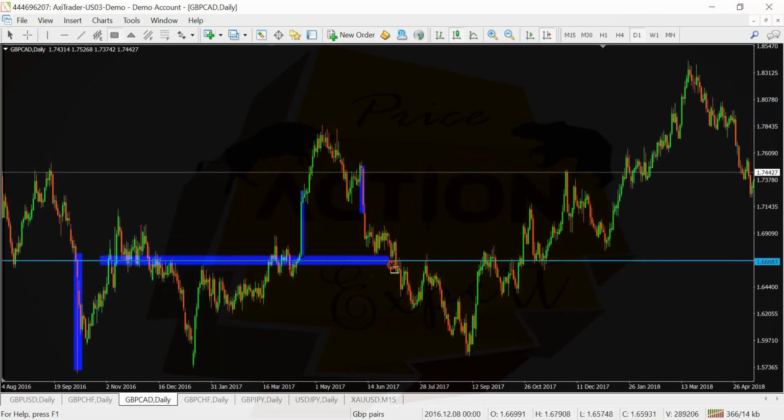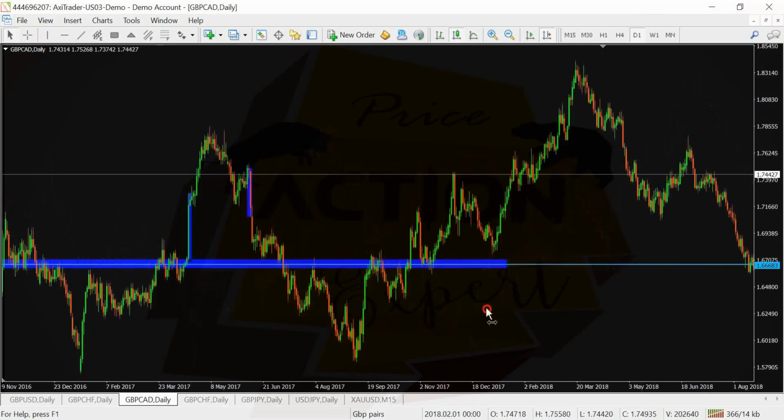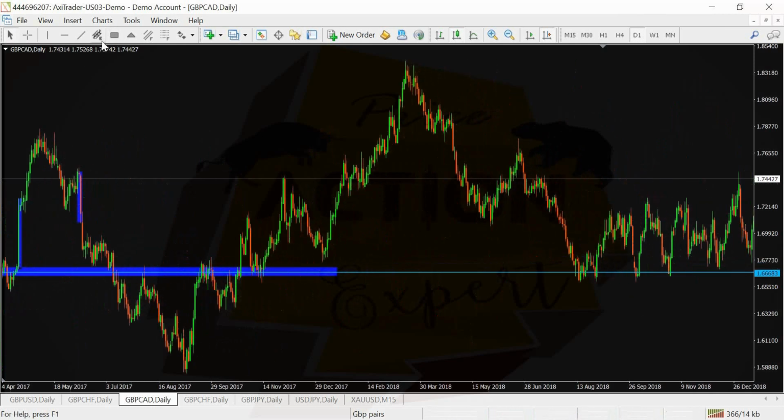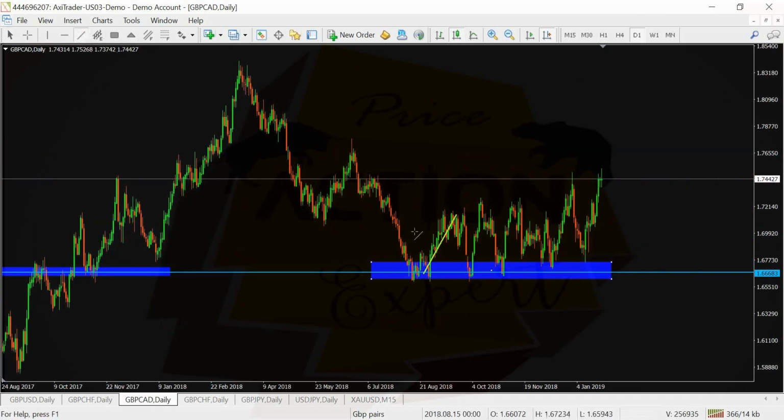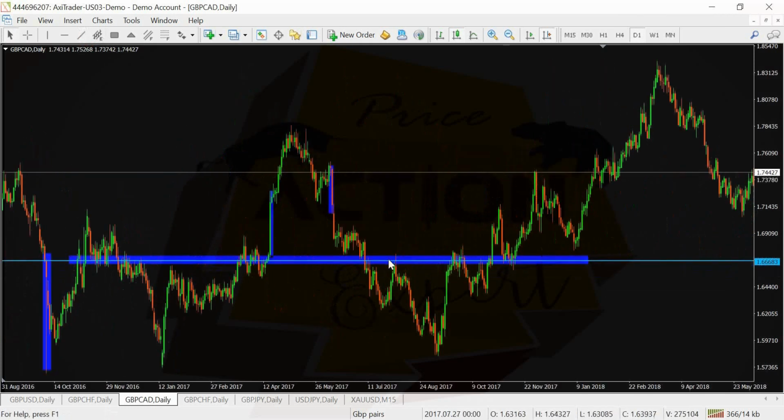Price reacted in these areas perfectly. See here, see recently how it's struggling to break that area. Once the price touches it, it keeps rejecting. See here, still now it's been rejecting. It is also on the core area.